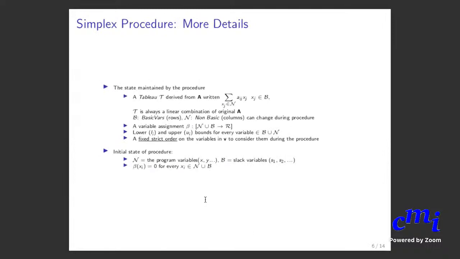As I said, in the initial state we assume the program or primary variables are all the non-basic variables, so they all satisfy their lower and upper bounds because they are unconstrained. The slack variables form the initial set of basic variables, and you assign all of them to 0.